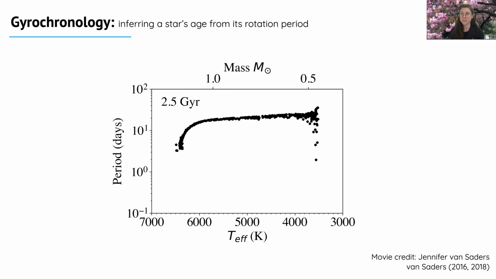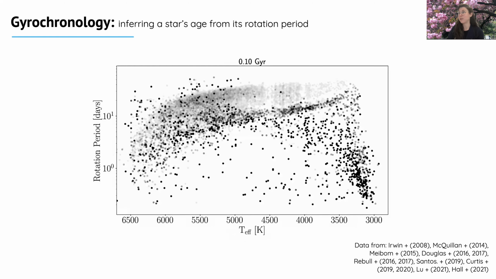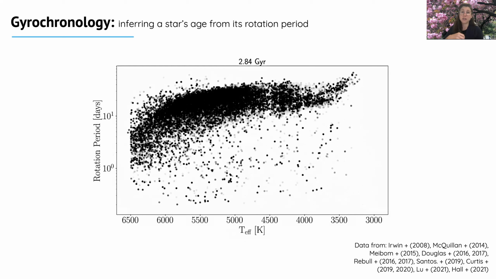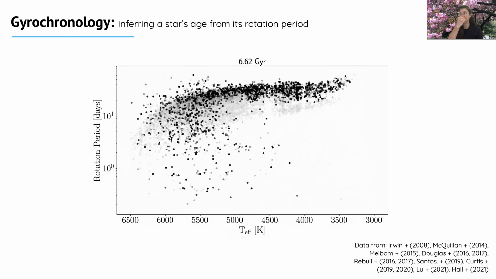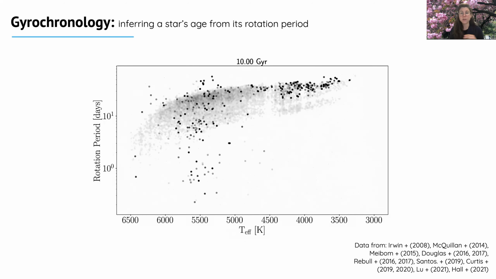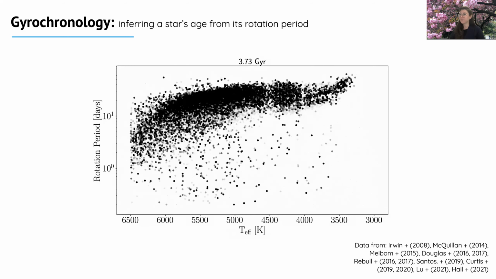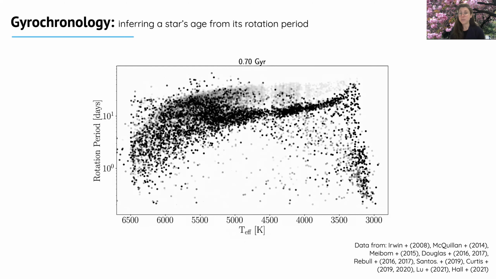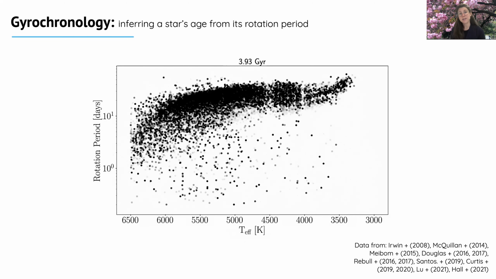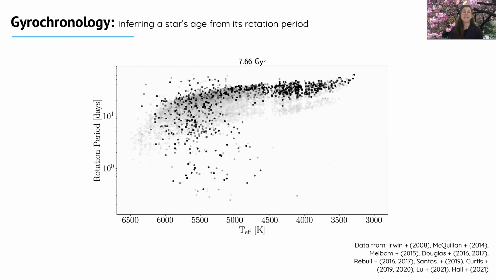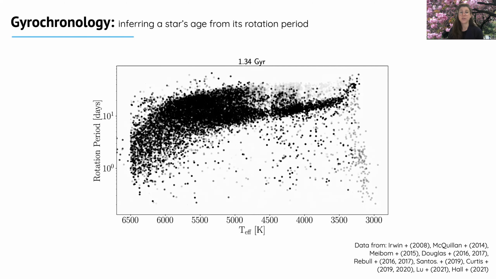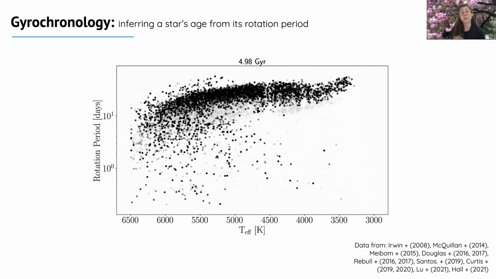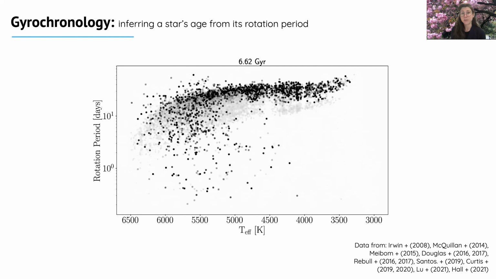Let me show you a version of this plot that I've made that uses real data. This is not a model now, these are real observations of stars compiled from stars with measured rotation periods and ages in clusters at the young end, and then this also includes stars with rotation periods from the Kepler spacecraft and ages from kinematics.